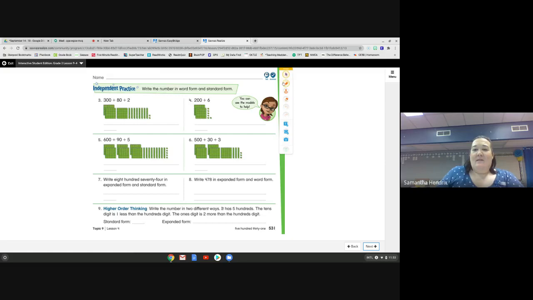Okay, let's look. 382, it says write the number in word form and standard form. So they've given us expanded form. So now to get to standard form, you can count or you can just push all those back together. Okay, so I'm going to do word form first because I have the long blank first. So this number is 380.